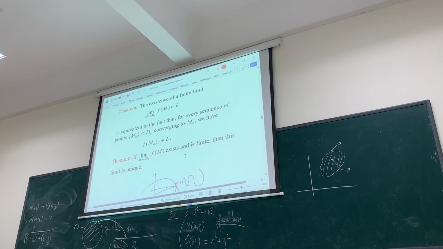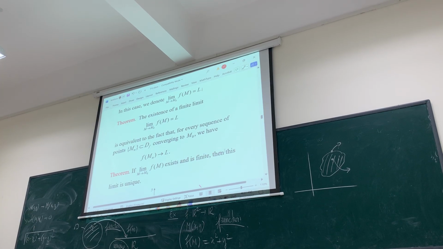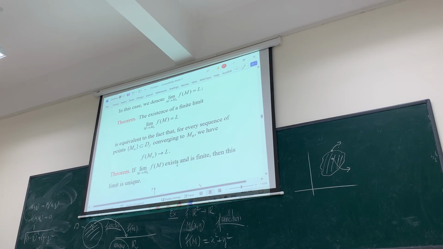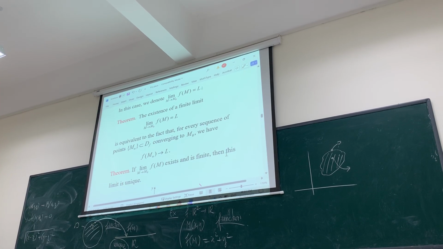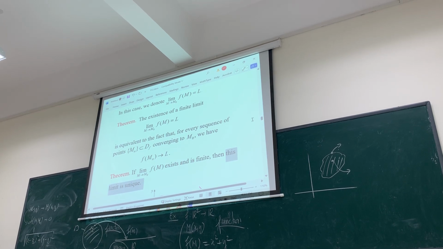Now we have the corollary of this theorem. If the limit as m tends to n0 is finite, then this limit is unique. Does that mean the function f has only one limit if m tends to n0?